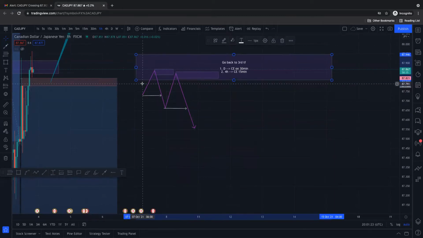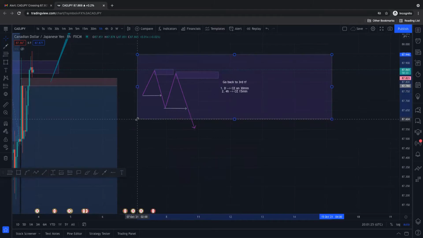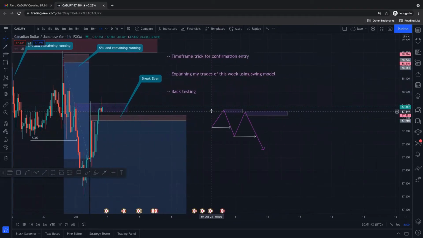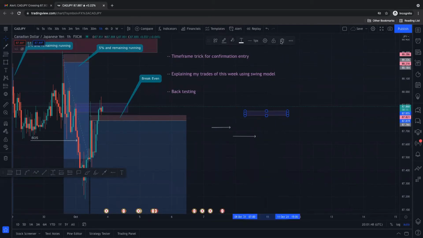If your order block is huge, like a daily one with a 50 pip range, then you need to wait for a little more confirmation on a higher time frame. That's the little trick. Try applying it in your daily backtesting, forward testing or live account, and you will see what I mean.